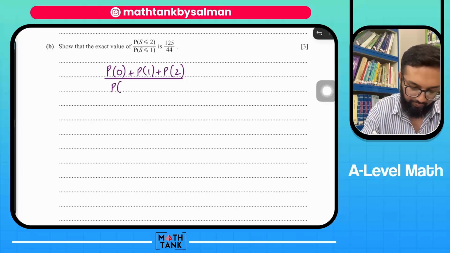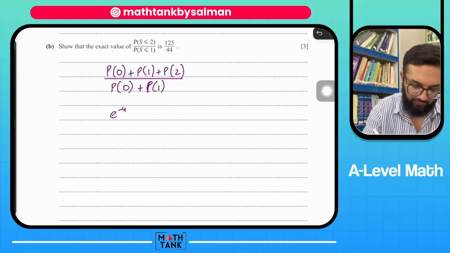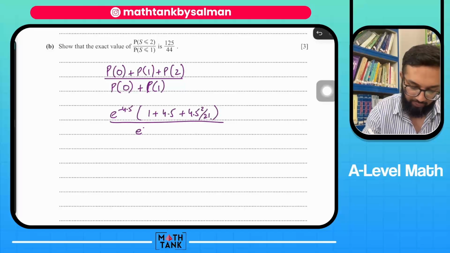Probability of 0 and 1. So e power minus 4.5 times 1 plus 4.5 plus 4.5 squared over 2 factorial. e power minus 4.5 times 1 plus 4.5.